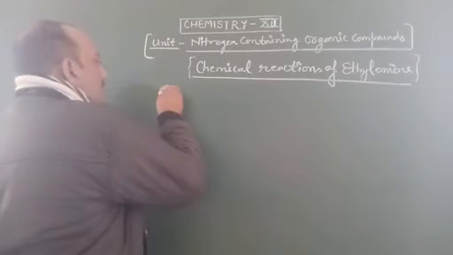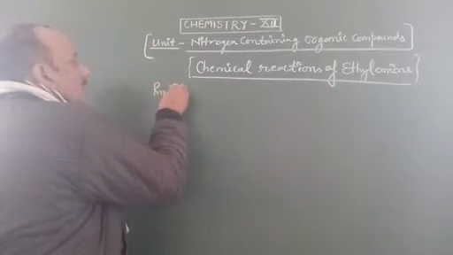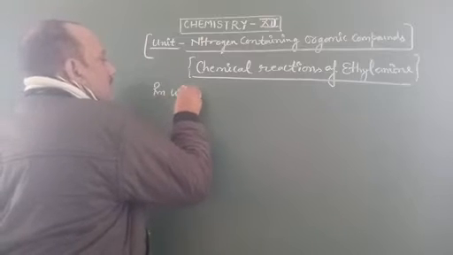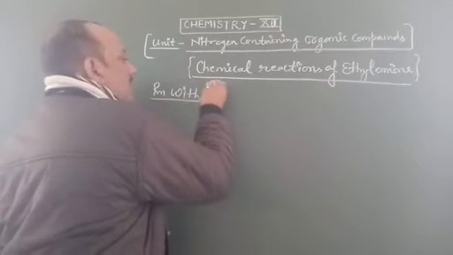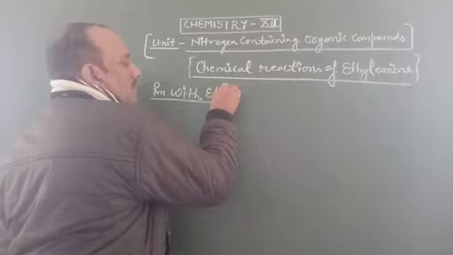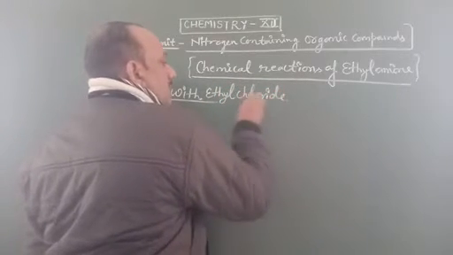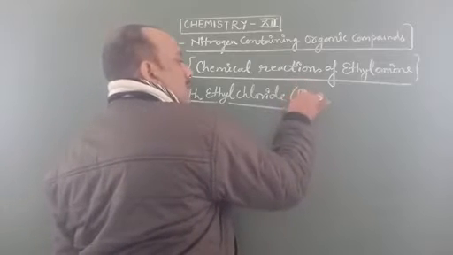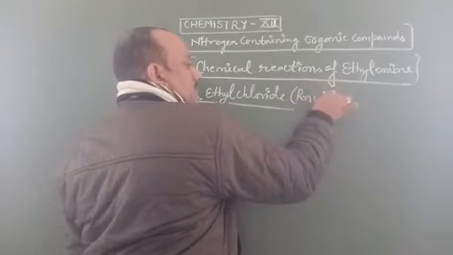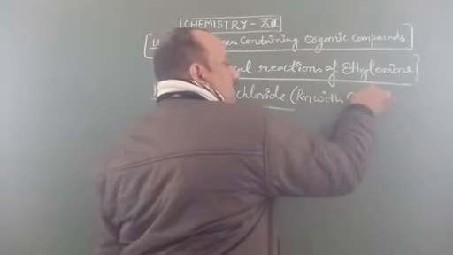Now next reaction, reaction with ethyl chloride, C2H5Cl.